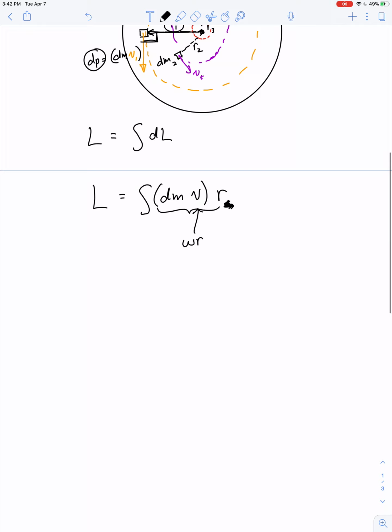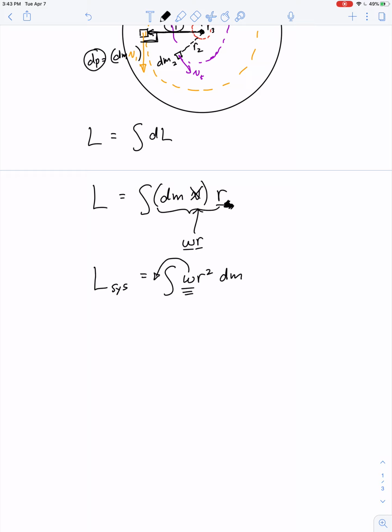All right, so the angular momentum of the whole rigid body, the whole system, is the integral of omega r, which replaces v, then we got another r, so it's omega r squared, then all of that multiplied by dm. But remember, they all have the same value of omega, so that's a constant.